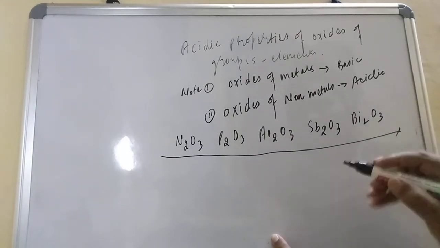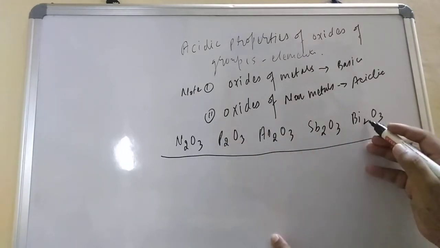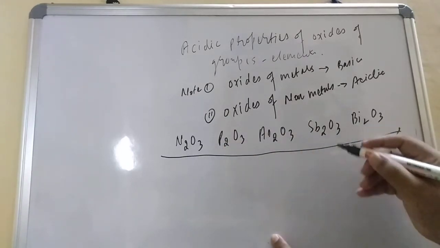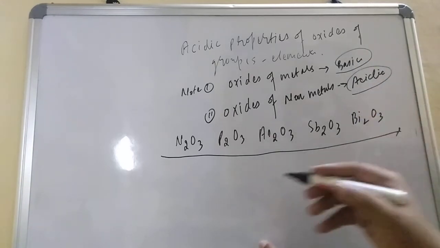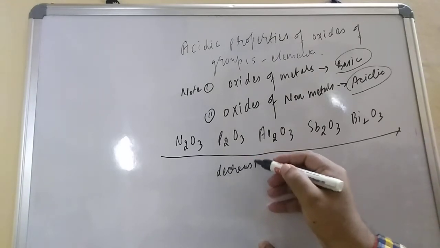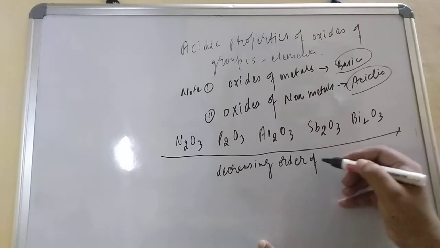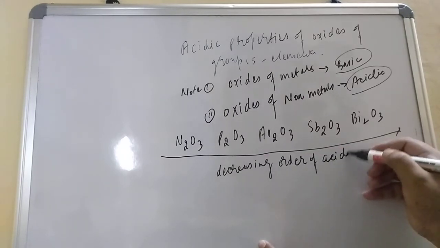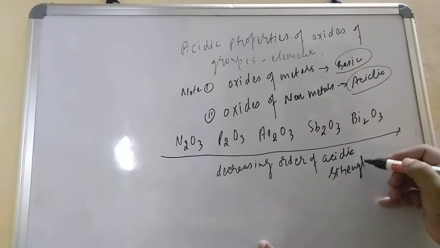So here it is non-metal, then metalloid, and this is the metal. Oxides of metals are basic and oxides of non-metals are acidic. So this is the decreasing order of acidic strength.